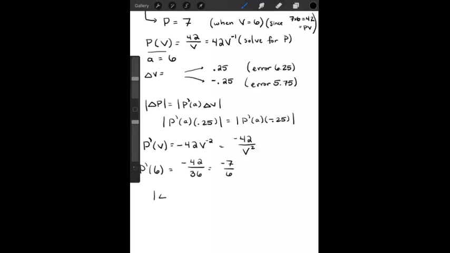So the absolute value of the difference in P, which is going to be our error, is, again, this should be approximate, going to be the absolute value of negative 7/6 times 0.25, which, like we did in that very first problem, I'm going to translate to a fraction, because that works better in my mind.